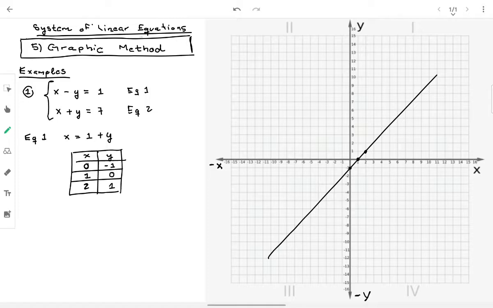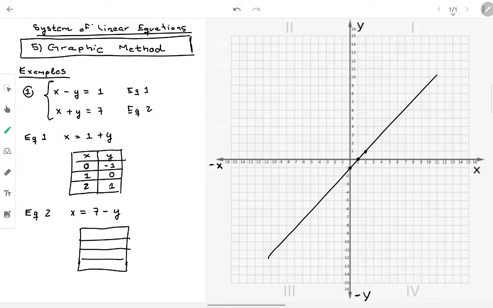Now I need to do something very similar with equation number 2. On equation number 2, I need to isolate one of the letters: x equals 7 minus y. So we can do our little table. Remember, we need at least 3 values, so it's going to be x, y. For y, the values are minus 1, 0, and 1. Of course, we can put any numbers we want.